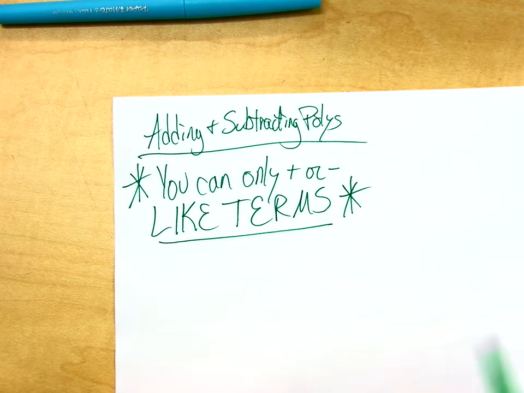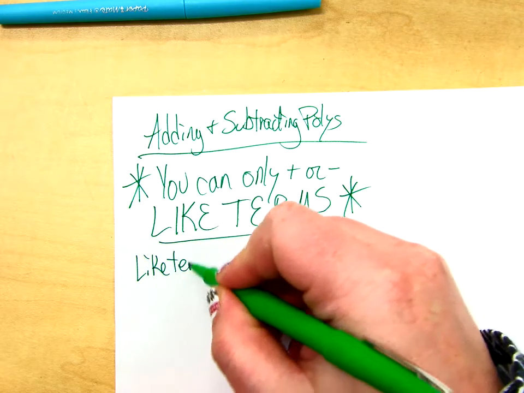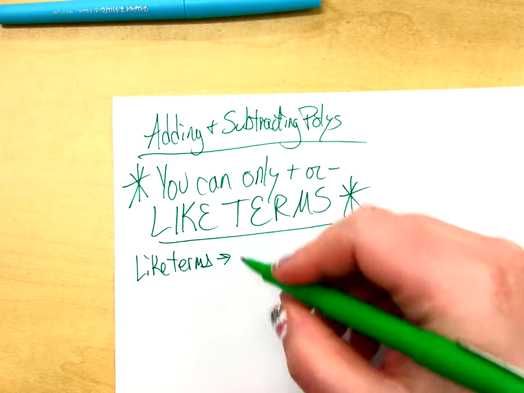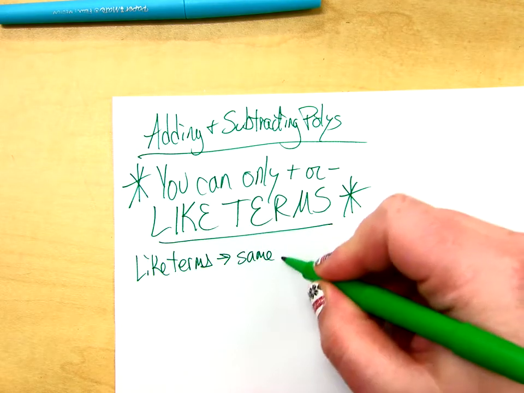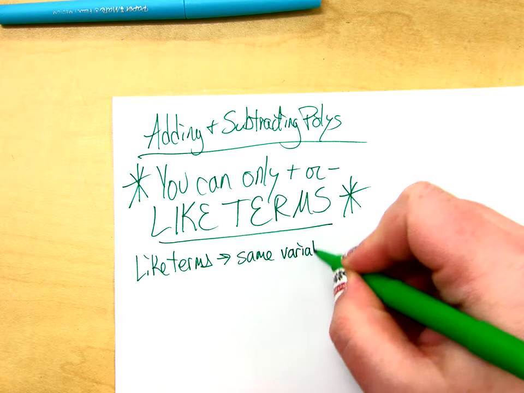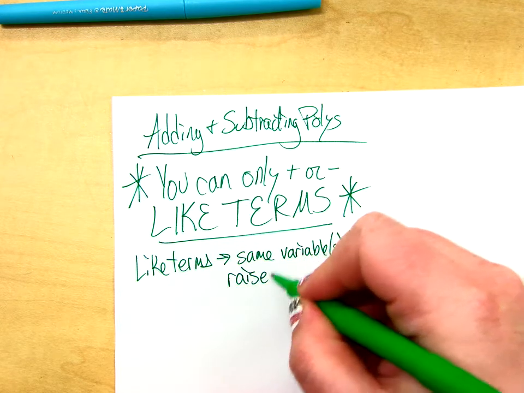So, what is a like term? Like terms are terms with the same variable or variables raised to the same exponents.